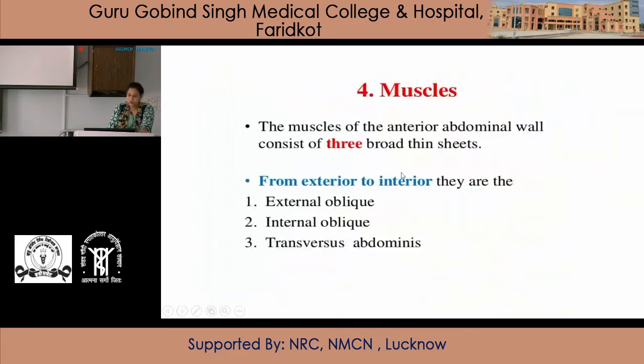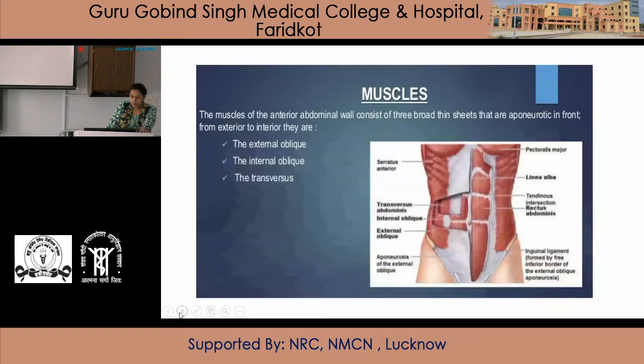So, muscles. The muscles of the anterior abdominal wall consist of three broad thin sheets: external oblique, internal oblique and transversus abdominis. These are from exterior to interior, and they are aponeurotic in front.